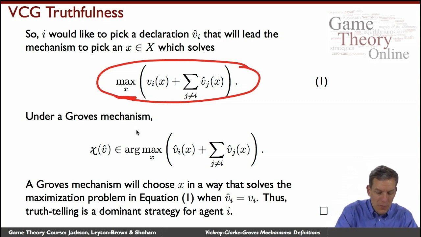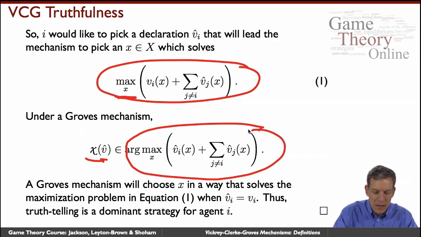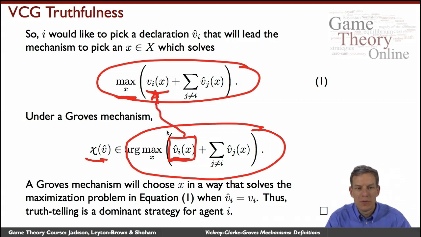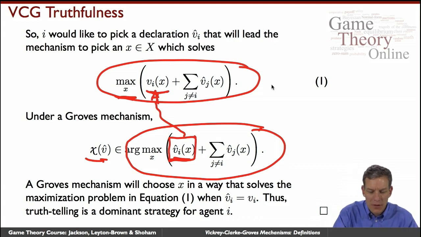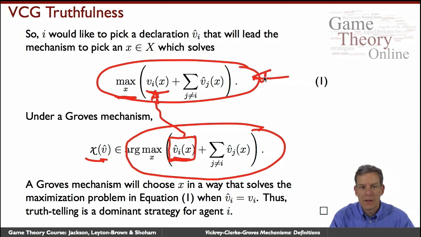Now remember, under a Groves mechanism, X of V hat is something which maximizes exactly the sum where what you've done is put in your announced utility. And if you want them to do it with respect to your true utility, then the way to do this is to have your announced utility be equal to your true utility, and then they'll be maximizing exactly the function that you want them to be maximizing.